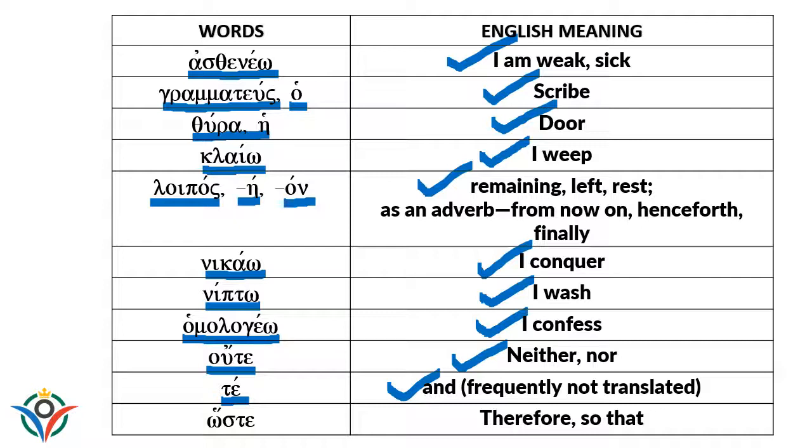So you've got to look at the context there and decide for yourself whether translating te will be important for the English reader to know or not. And then finally we have hoste, which means therefore or so that.